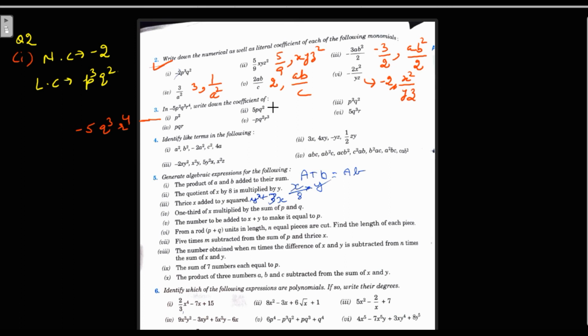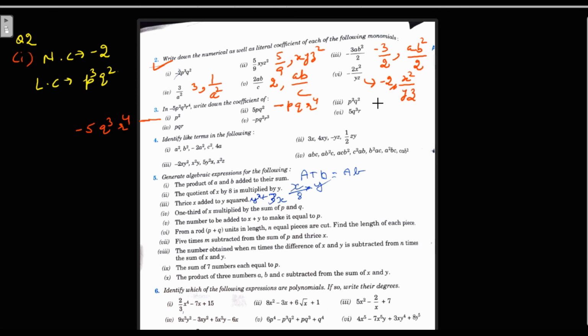Here for the coefficient of 5p q square, we leave p and q square, so the remaining would be minus 5 q r raised to power 4. Here 2 would be subtracted from q raised to power 3, and r is not here, right?